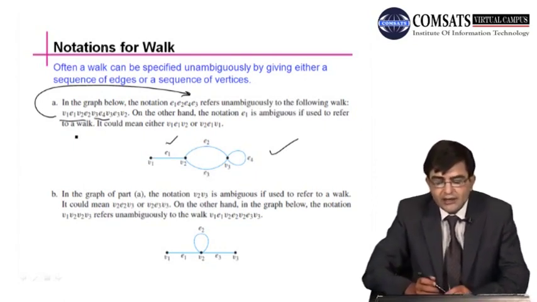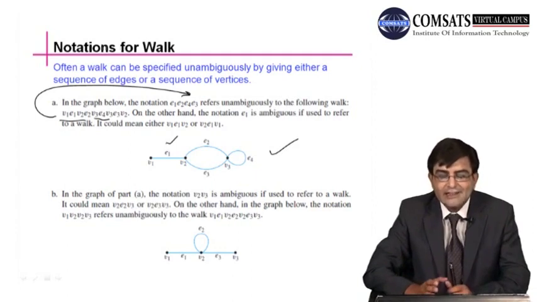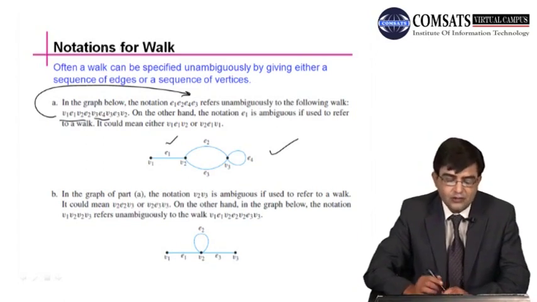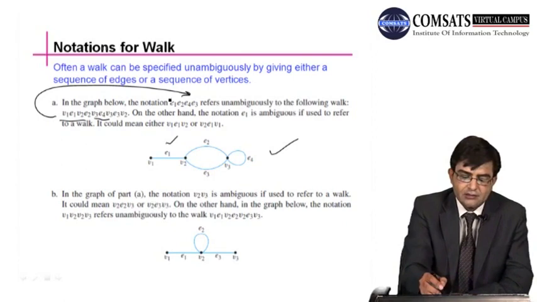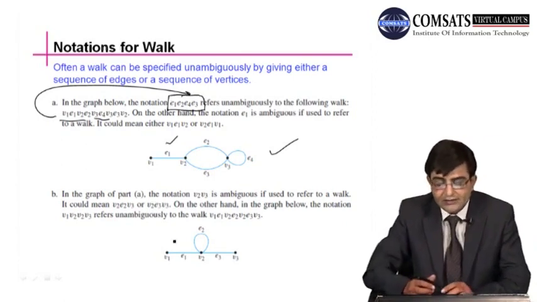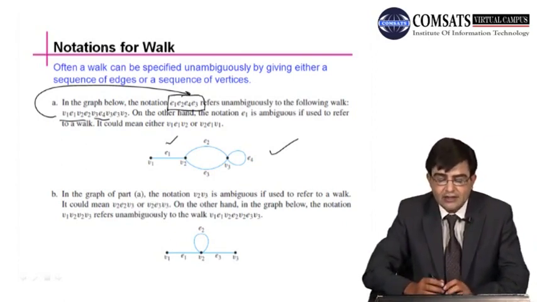So instead of writing an alternating sequence of vertices and edges, where there is no confusion we can write such walks by denoting only the edges, by writing only the edges.